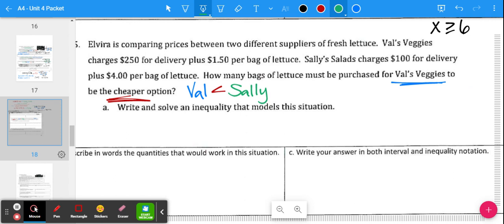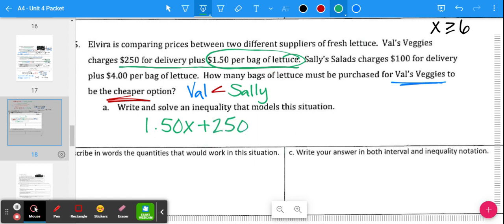So reading back through, Val's Veggies charges $250 for delivery and $1.50 per bag of lettuce. So there's our rate of change because of that per, each, every. So we have $1.50 per bag of lettuce plus the delivery fee.